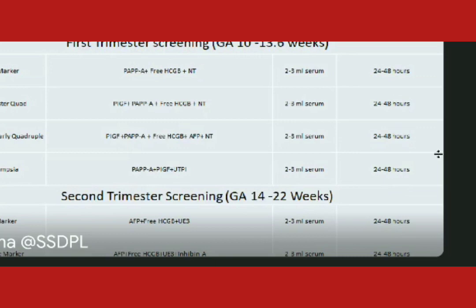Don't take these values seriously, I'm just giving an example of how it would increase. If you put it at 4 degrees, at least that could show somewhere around 40 or 50 less. That's the reason we say proper transportation conditions are required, and for free beta hCG there is change even for each hour.